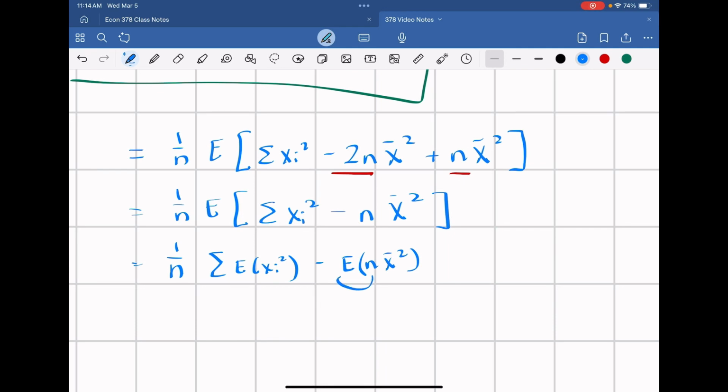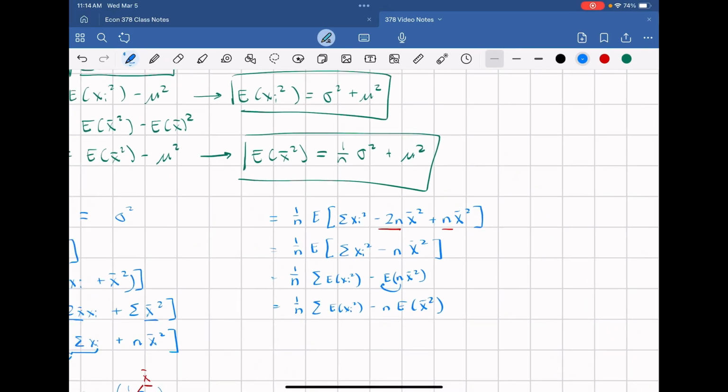I can pull out this n right here. So I get 1 over n summation of the expected value of xi squared minus n, the expected value of x bar squared. Now let's turn to our tricks.